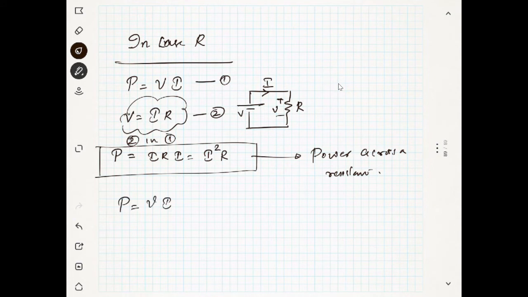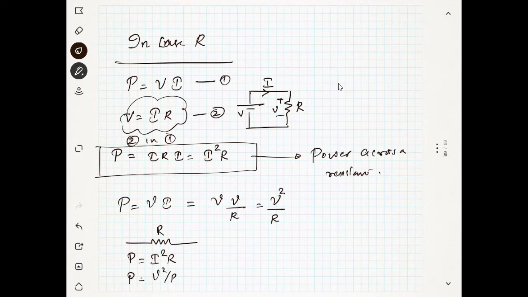I can write the current as V over R, so this is also V square over R. So for the power across a resistance, you can have I square into R, or another formula, V square over R. You can use any of these to calculate the power according to your convenience.